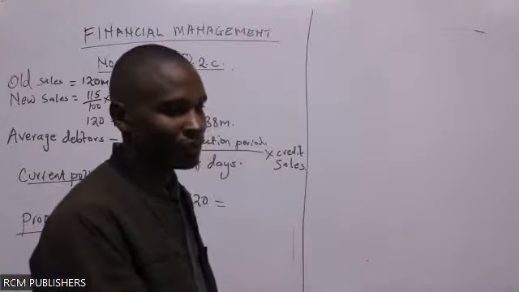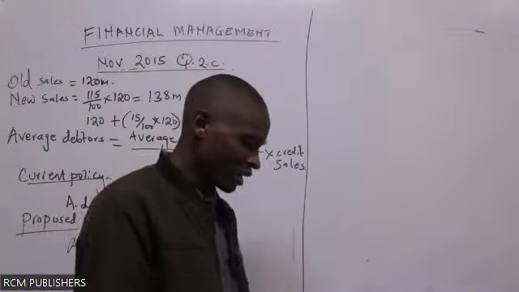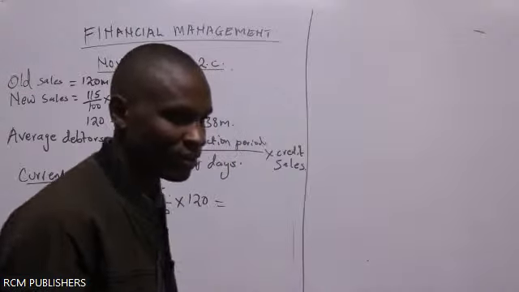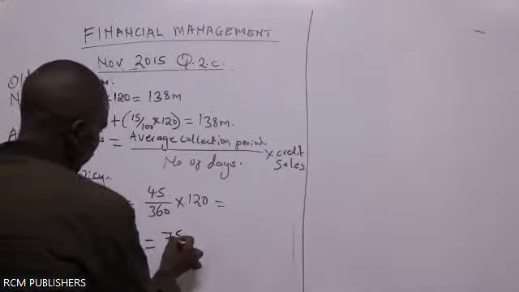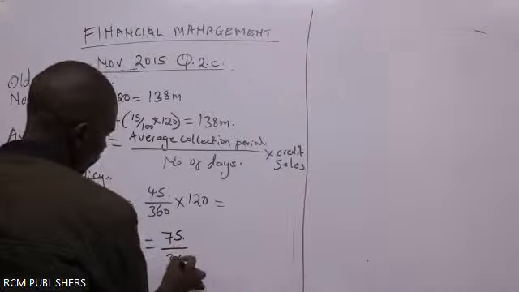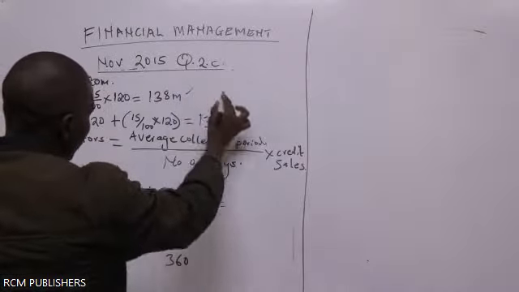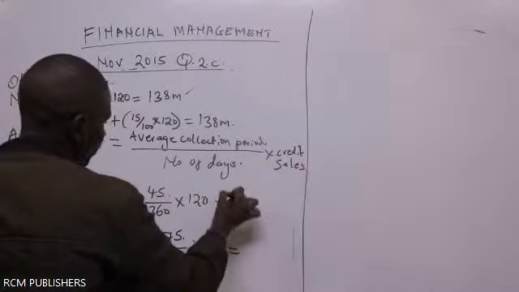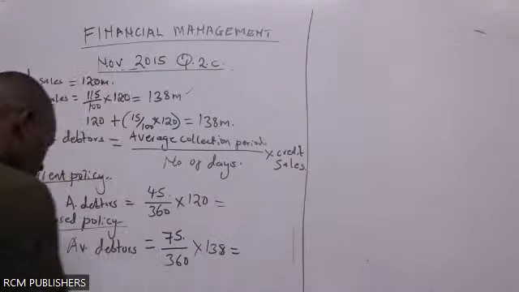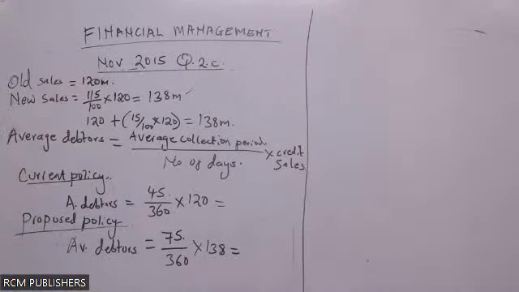Nyinyi mnaona aje? Hiyo tumeambiwa tu pale vizuri. So they are going to increase it to 75, 360, and you have given me the credit sale as 138. So tupate hii na hii ya current period na hii ingine.